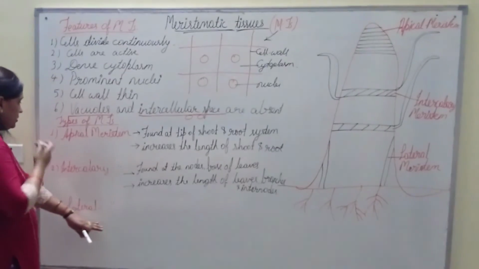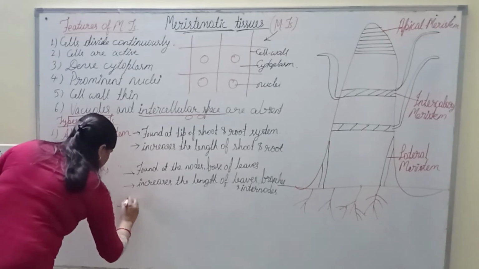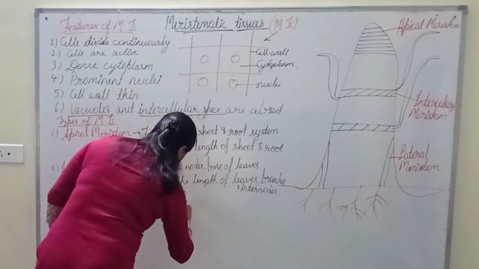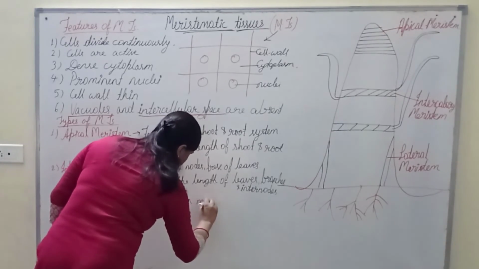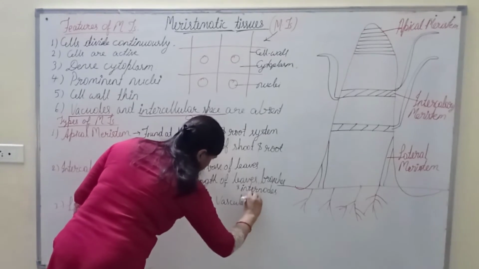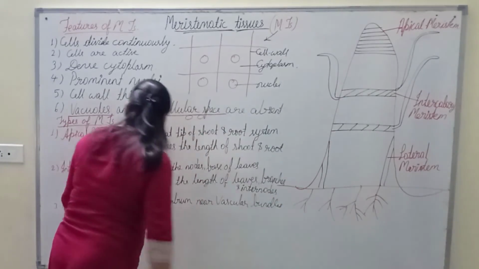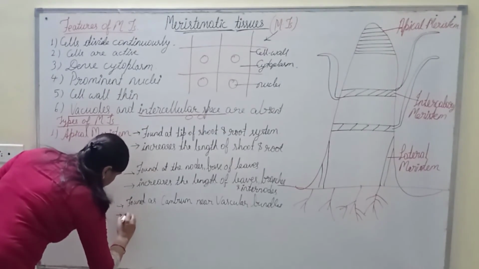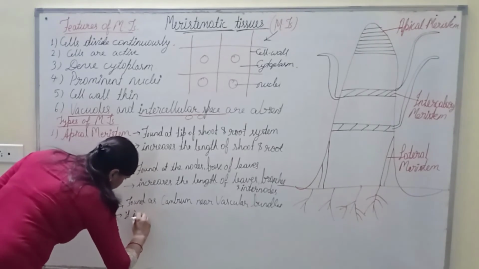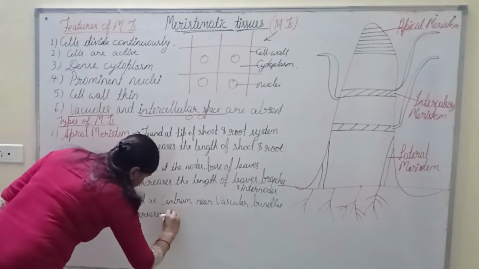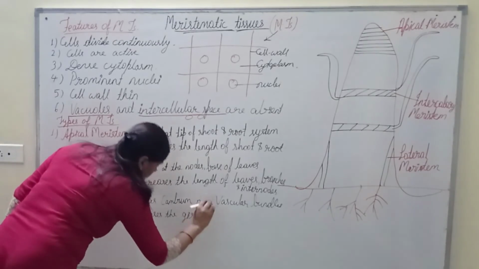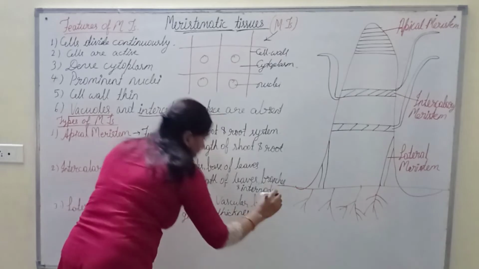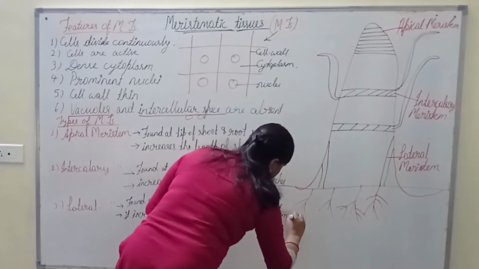Now the third one is lateral meristem. These lateral meristems are found as cambium near vascular bundles, and its function is to increase the girth or thickness of stem and root.